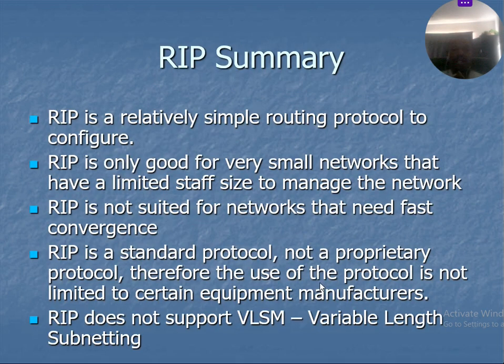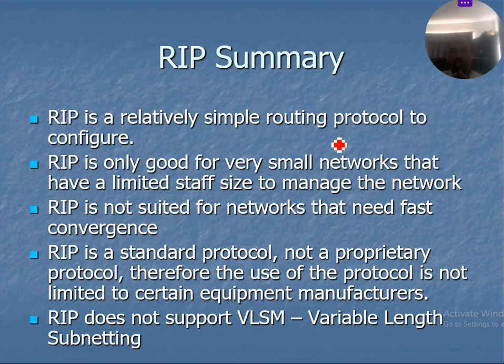Okay, now let's take a look at a bit of RIP summaries. They say RIP is a relatively simple routing protocol to configure. We already used 2 commands to configure it, and about 3 or 4 commands to check what is running, like the route and the protocol that is running.